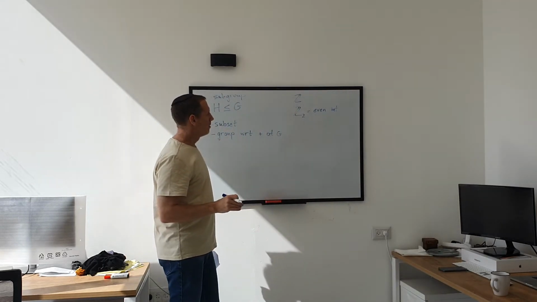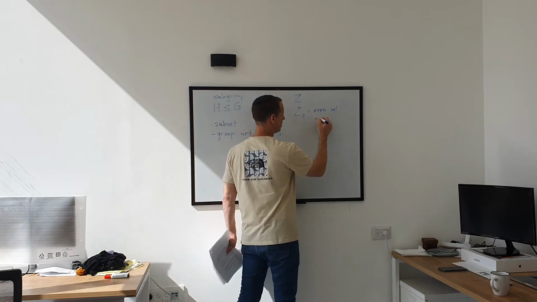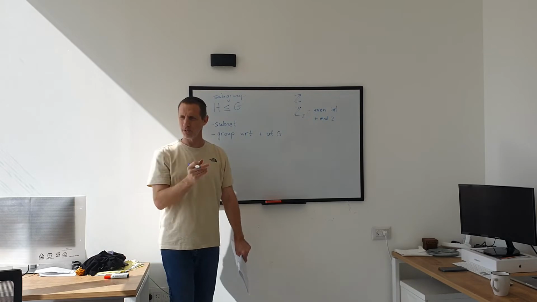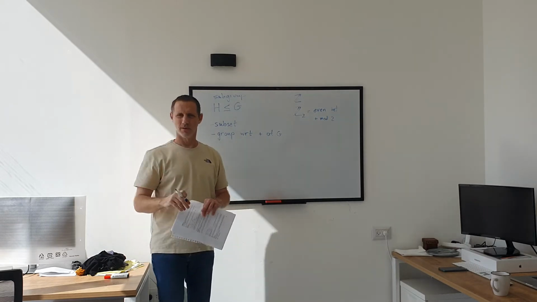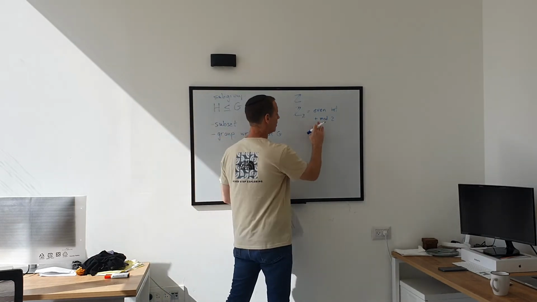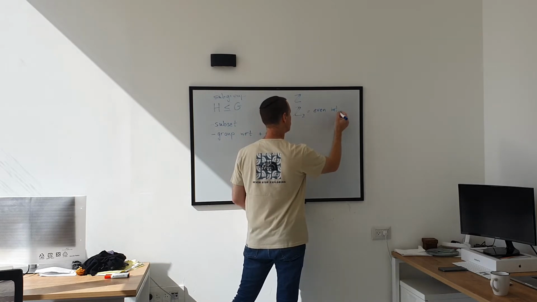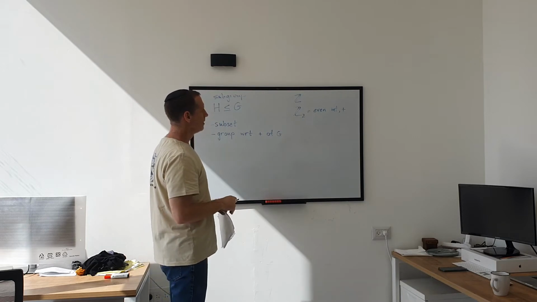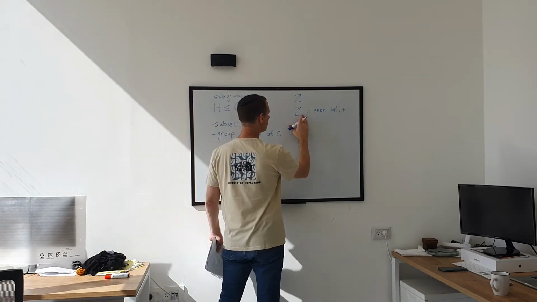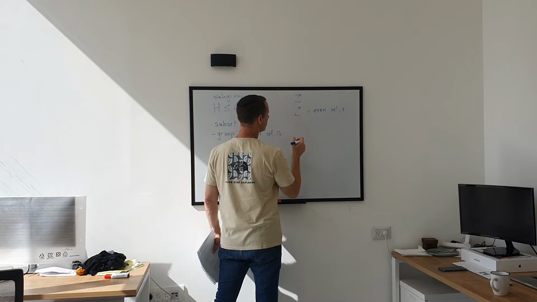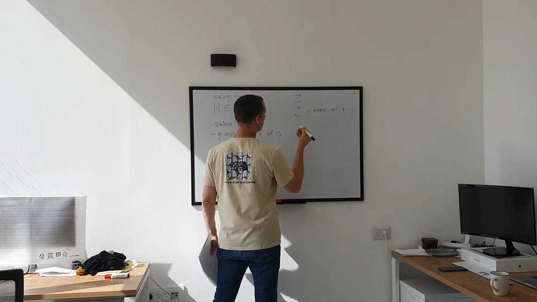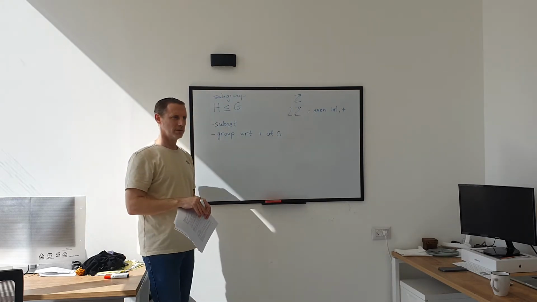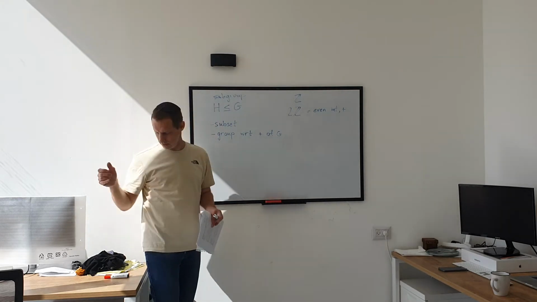With plus, mod 2? Sorry, with plus. Plus. Sorry, you are right. Even integers with plus, so it's actually not Z2, right? It's 2 times Z. That's how you write it. It's 2Z. That's correct.